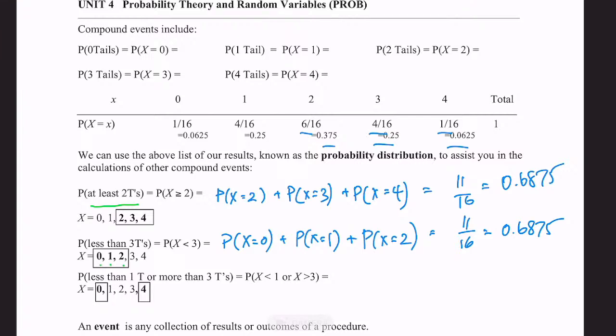So the last one, less than 1 tail or more than 3 tails, is just these two possible outcomes. I could write that mathematically like this. I just said less than 1 or greater than 3. So you get the idea now. When there's a less than or a greater than sign, what we're really saying is or.